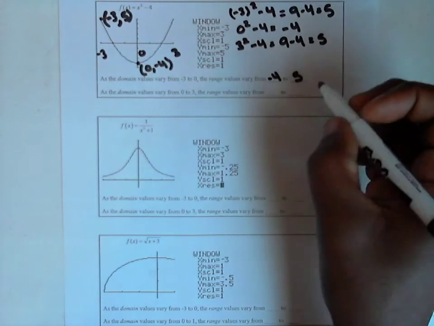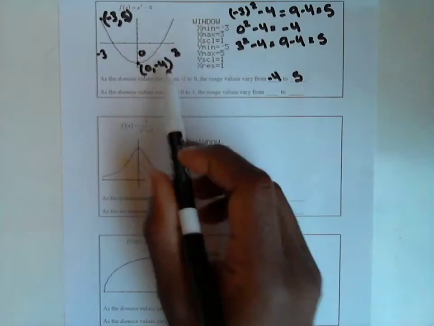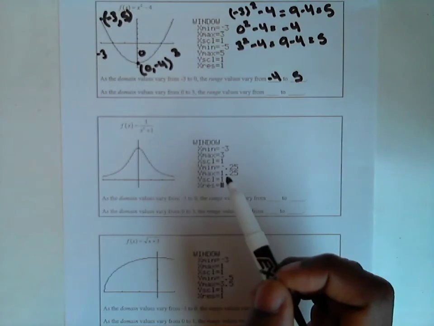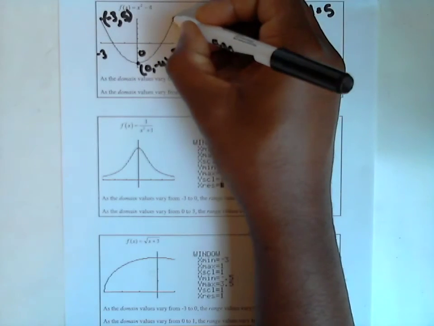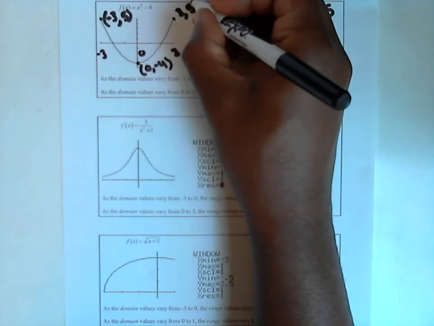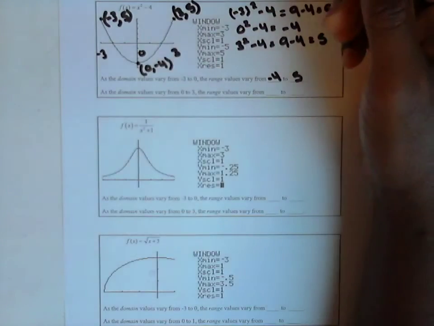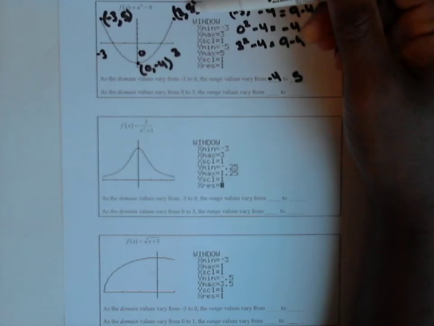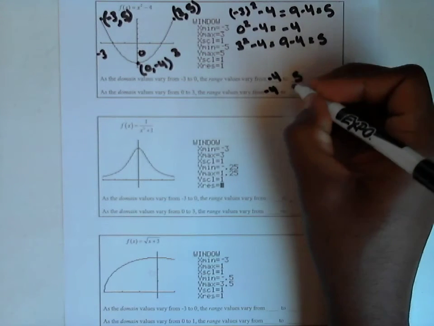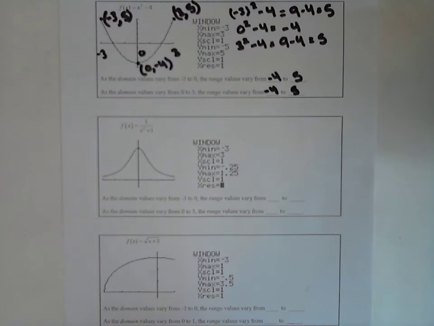And we've already done 0 squared, so we know -4 is our lowest output, and then our other point is 3, 5. So we know that 3 is our x, but our largest y is 5. So our range ends up being the same thing, from -4, our lowest number, to 5, a larger number.